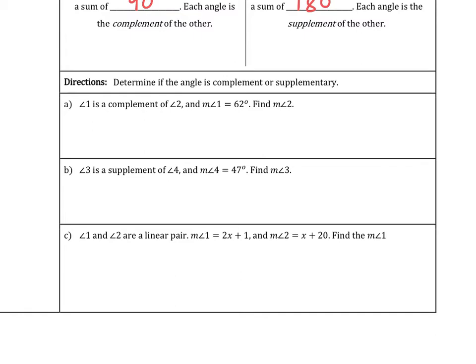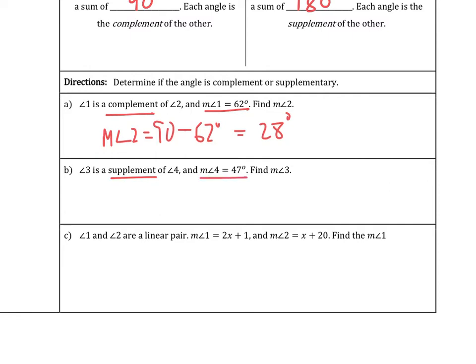All right, so when we say one is a complement of two, that means that they add up to 90. So if we take 90 minus 62 in this case, because we know angle 1 is 62, that's going to give us the measure of angle 2. And that's 28 degrees, okay? If we say something is the supplement of the other, that means it adds up to 180.